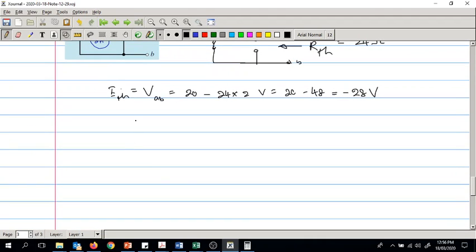So we will label this as ETH. It is now negative, so we will mark it like this, and RTH is in here, and the RL. So RL is 16 ohms if I am not mistaken.